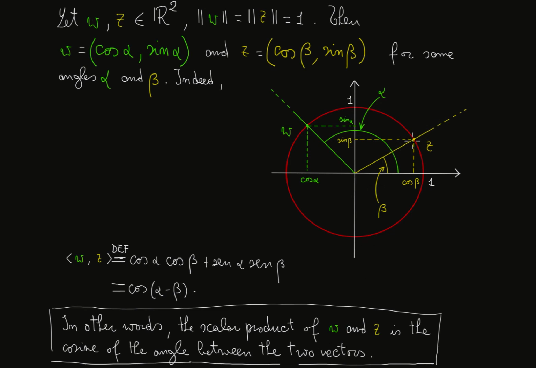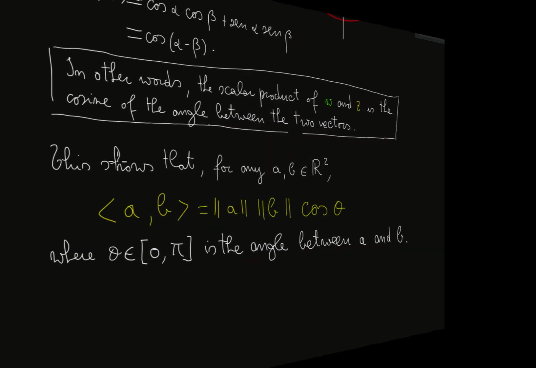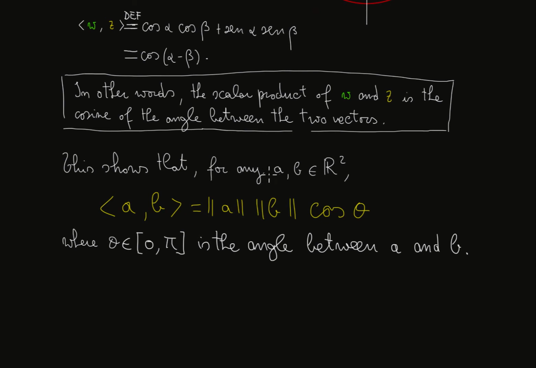So if we take the cosine of this angle, we get precisely the scalar product of W and Z. This shows that for any A and B in R squared, the scalar product of A and B, if they were of norm 1, would be equal to cosine of theta, where theta is the angle between A and B. But now we are just considering them to be any two vectors in R squared.